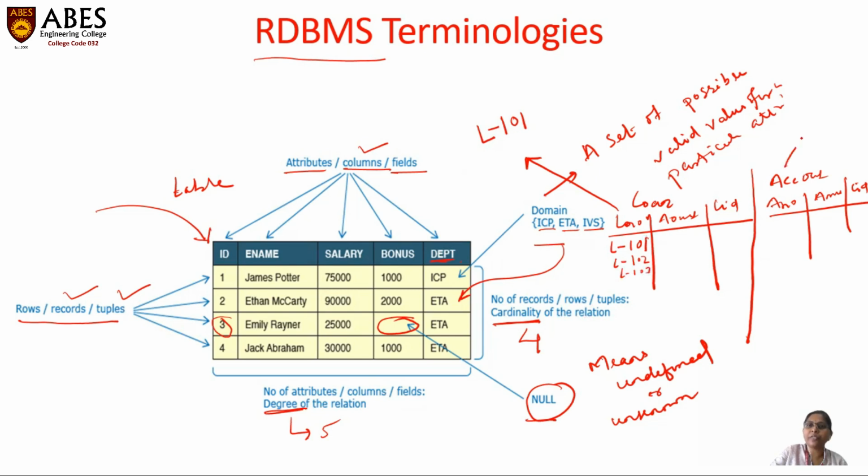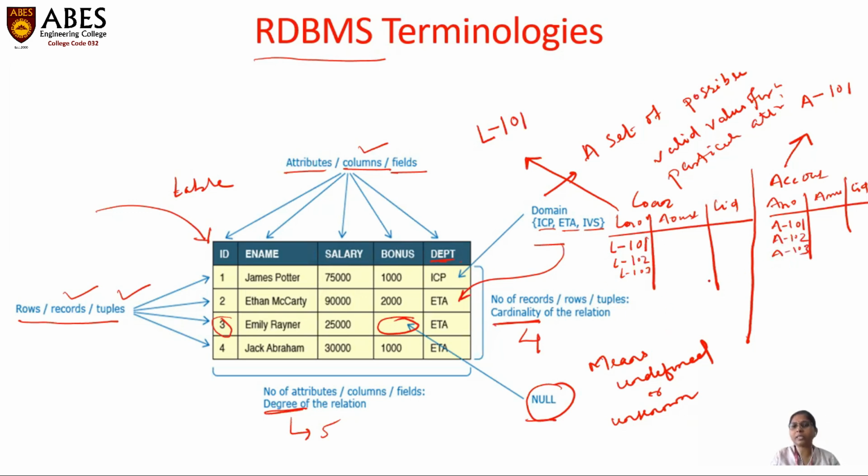Similarly, suppose we have defined the domain of this account number as that must be start with a capital letter A, then hyphen, then digit. So this account number attribute must include the value like A101, A102, A103.